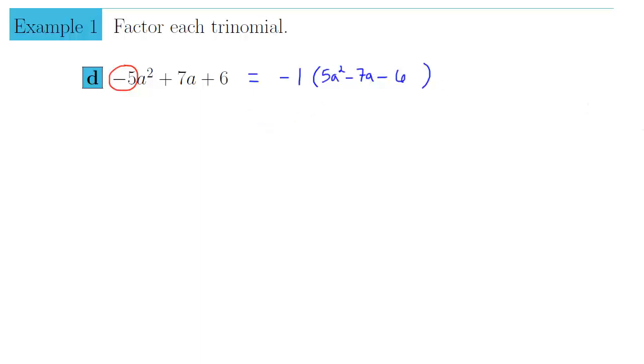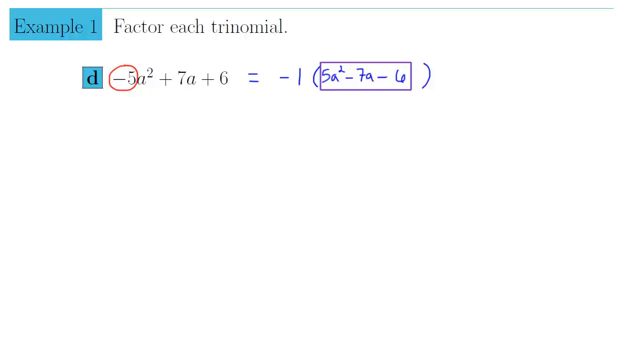Now we're going to focus on this trinomial inside the parentheses and try to factor it. But this is a crucial first step. If you don't remember to factor out that negative 1, then you might be spinning your wheels for a long time here.